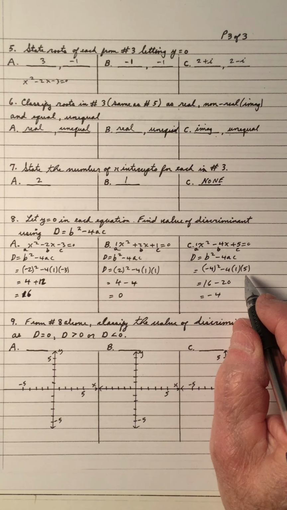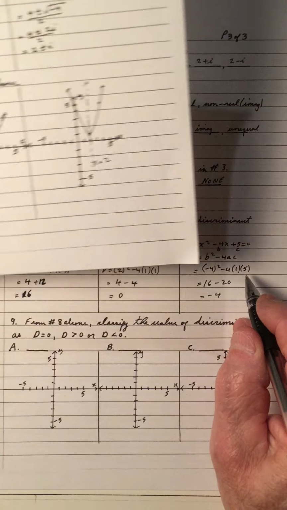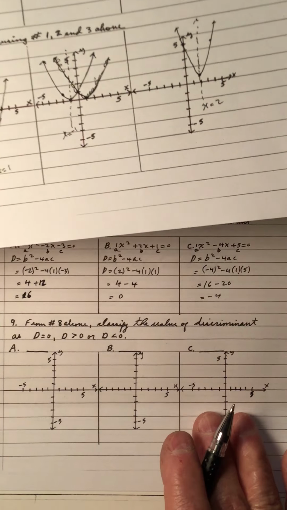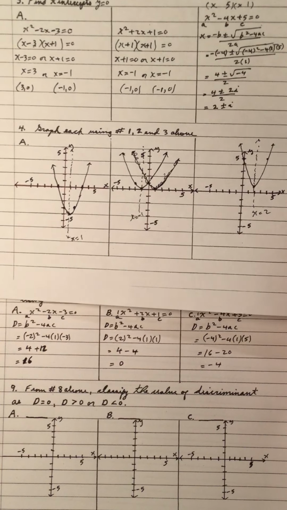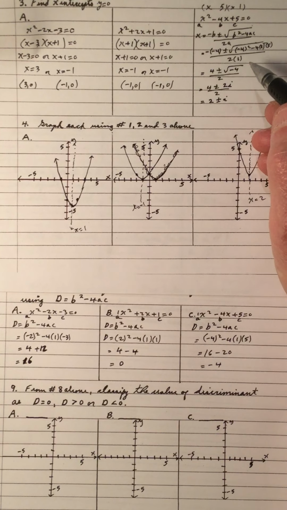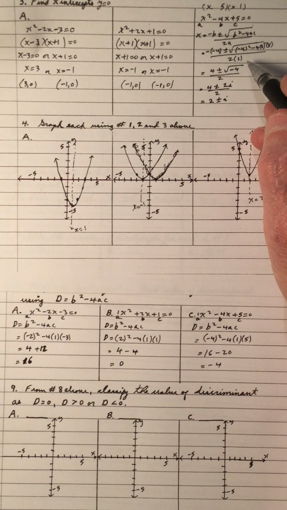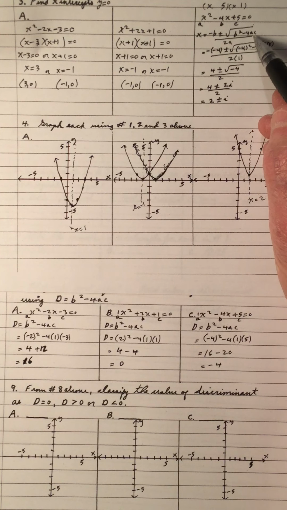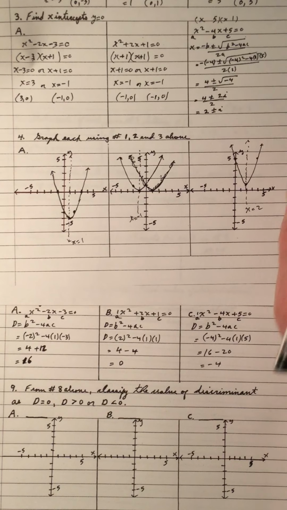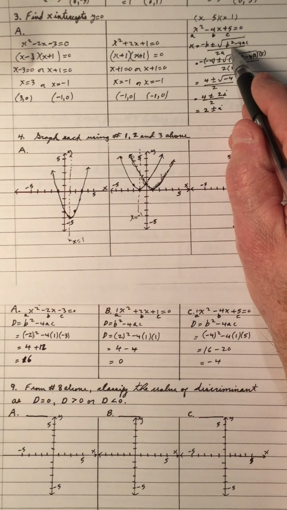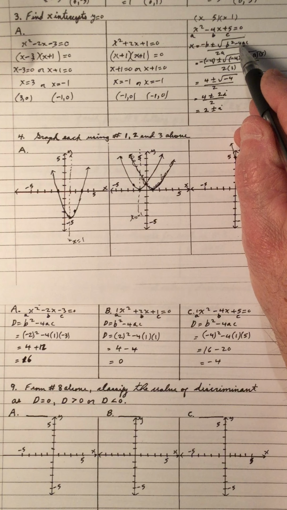And what I just derived, if I look at this closely, when I did the quadratic formula here, the discriminant is underneath the root. Notice the discriminant, b squared minus 4ac, is underneath the root.